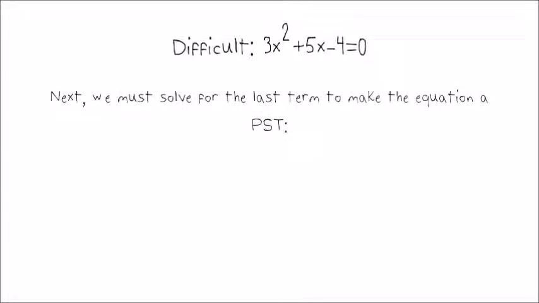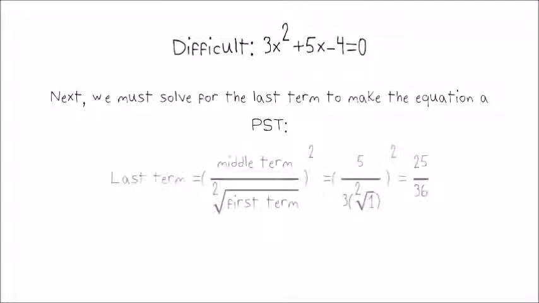Next, we must solve for the last term to make the equation a PST. Again, the last term formula is given by the middle term divided by twice the square root of the first term, raised to 2. Substituting our values into that formula will give 5 divided by 3 times 2 times the square root of 1, raised to 2, which will give 25 over 36.